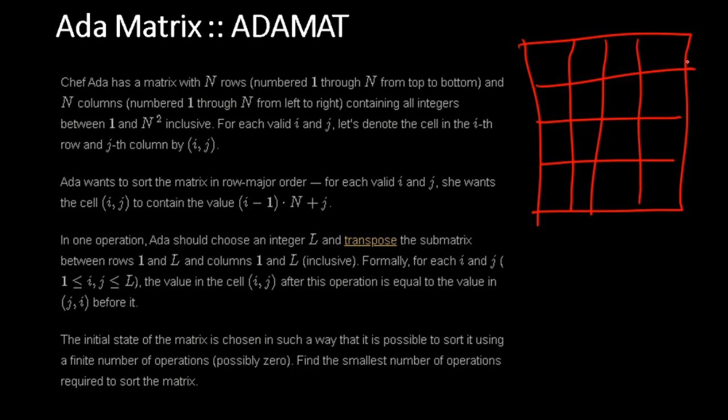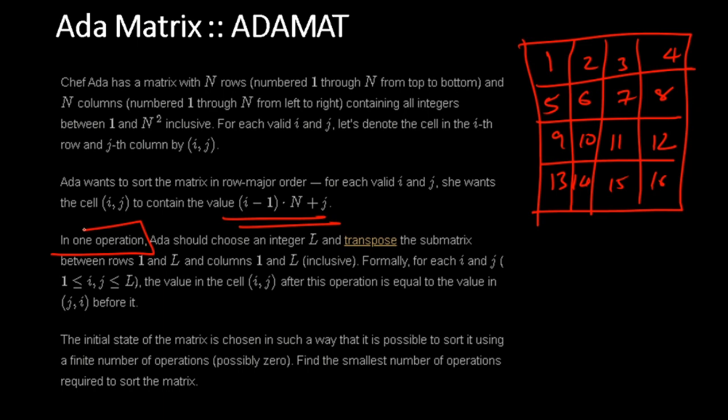So we populate things column wise, and then when a row is filled up, we move to the next row. So this is a row major sort. So what the problem is asking us to do is figure out a way to sort this matrix in a row major format. This is a mathematical representation of that. So how can we do the sorting?